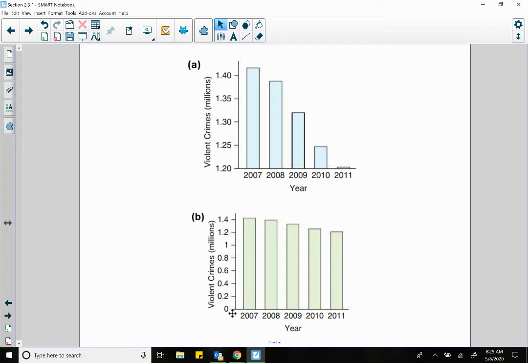This one actually starts at 0. So here it looks like there's big drastic changes in the violent crimes, like it's gone down a lot. But if you really look at it, has it really gone down a lot? I wouldn't say a lot, but it's definitely gone down. So again, watch out for things like that. This is a y-axis change.